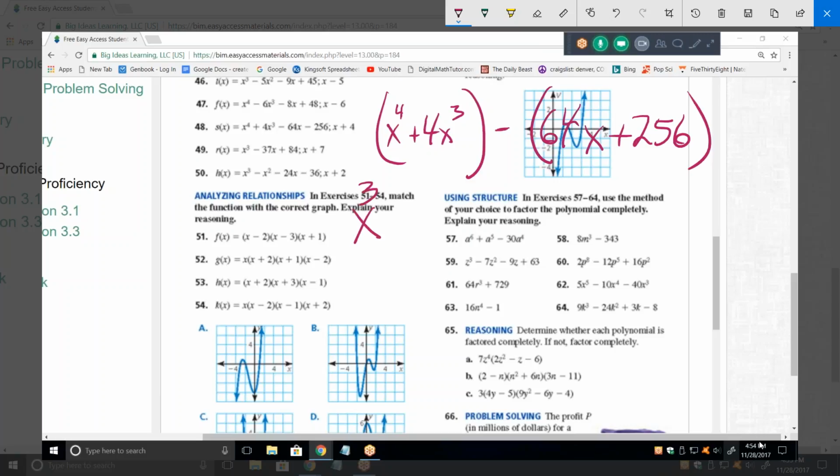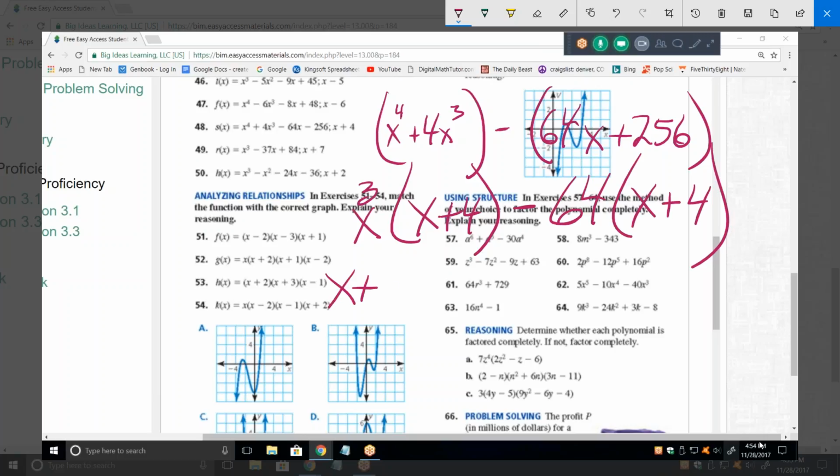We get x cubed times x plus 4 minus 64 times x plus 4. Now I can factor out the x plus 4, leaving x cubed minus 64. And now I can factor that using the same difference of perfect cubes.